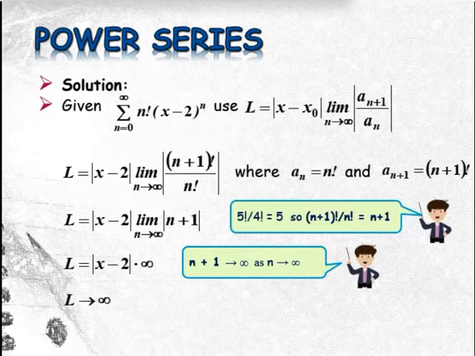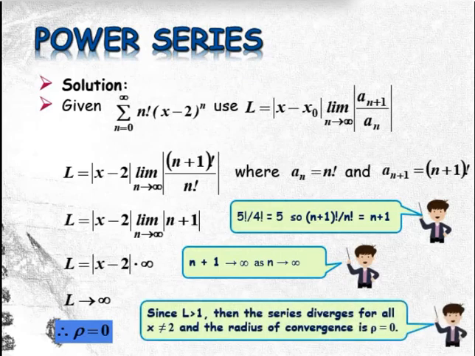Therefore, L must approach infinity. And if L approaches infinity, then we say that the radius of convergence must be 0. Since L is greater than 1, the series diverges for all numbers except 2. And we say that the radius of convergence is equivalent to 0.